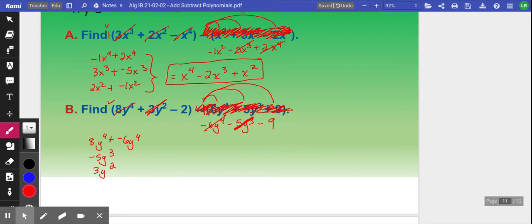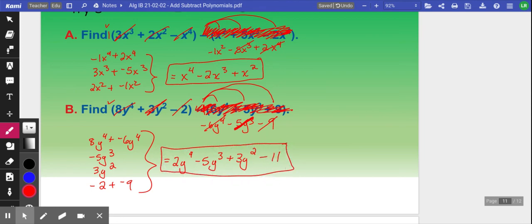We have negative 2 plus negative 9. And I got them all, so now it's time to add up my like terms. So we have 2y to the fourth minus 5y to the third plus 3y squared, and then negative 2 plus negative 9 is negative 11.